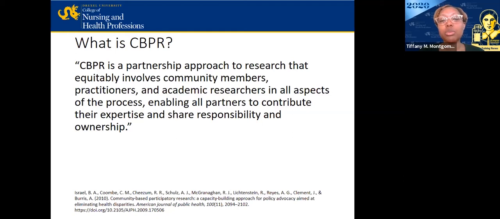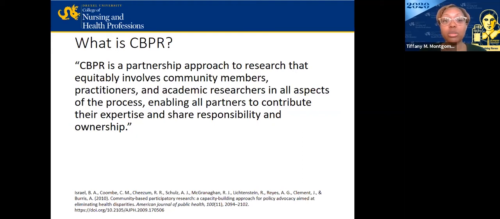I think it's really important to point out that the CBPR approach is different from traditional research in that the researcher or the academic institution is not the end-all be-all for CBPR. Community members are given just as much weight, if you will, in study design and study approaches as the PI or the research institute or the medical institution.